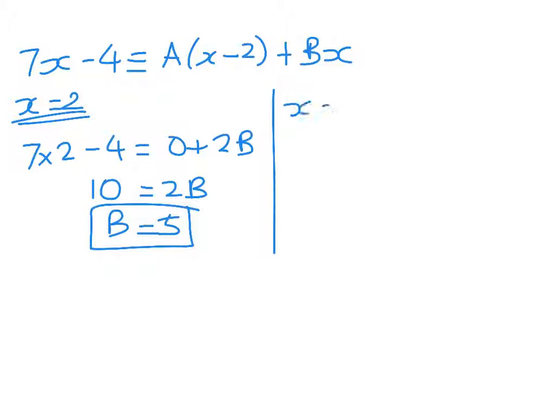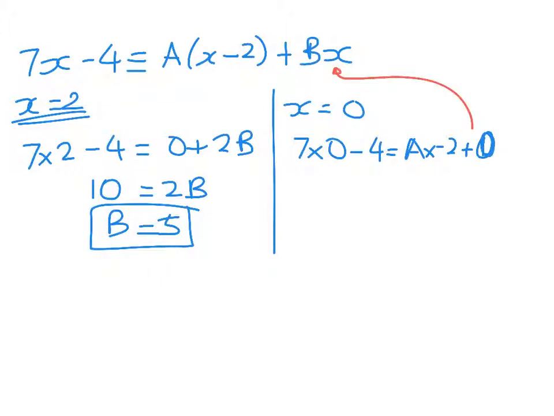Substituting in now x equals 0, I get 7 times 0 minus 4 is equal to a times negative 2 plus 0. The 0 is coming from the substitution in there. That gives me negative 4 equals negative 2a. A is equal to 2.